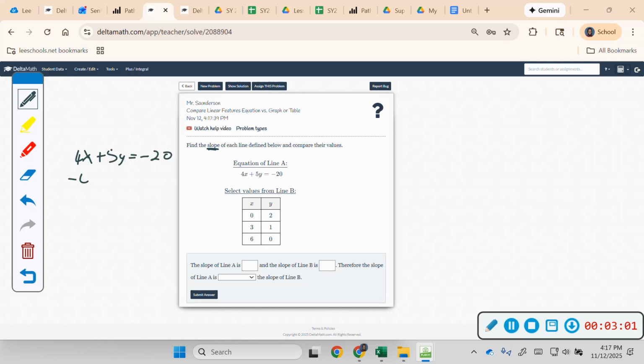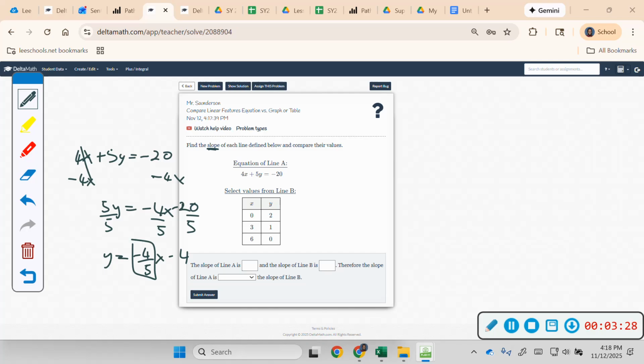I would subtract 4x, so I would have 5y is equal to negative 4x minus 20. Then I divide by 5, so y is equal to negative 4 over 5 x, and negative 20 divided by 5 is negative 4. So my slope is negative 4 over 5.